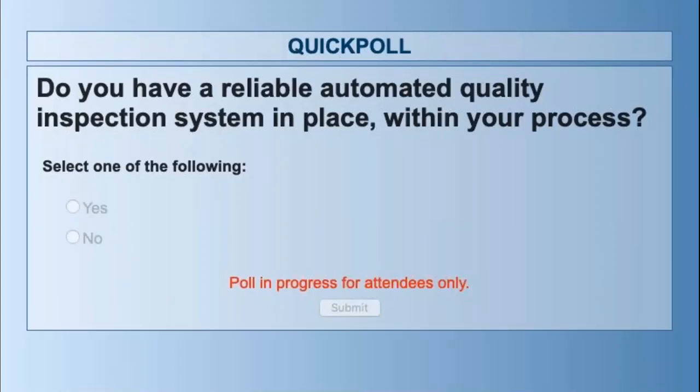Okay, we've seen two different thought processes on inline quality inspection, where some of the folks that we've seen have maybe pyrometers, or maybe even vision systems, or operator manual inspection.